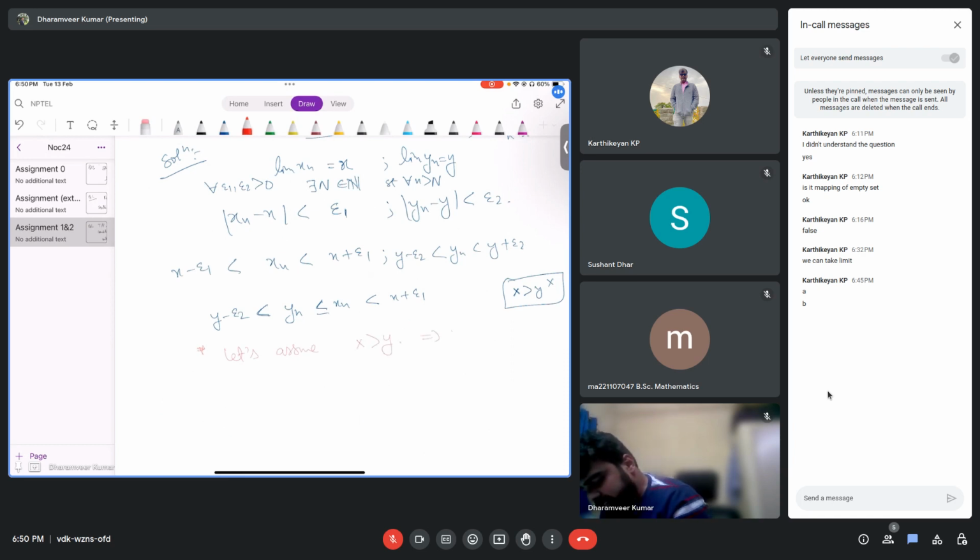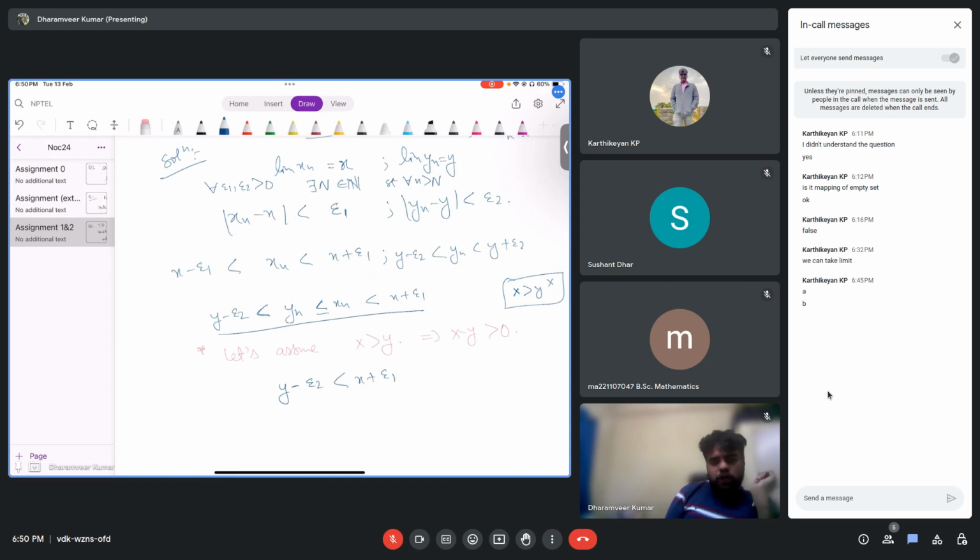This implies that x minus y is greater than 0. We have assumed this, right? And from here we have this, which implies that y minus epsilon 2 and x plus epsilon 1, for every epsilon 1 and epsilon 2 greater than 0.